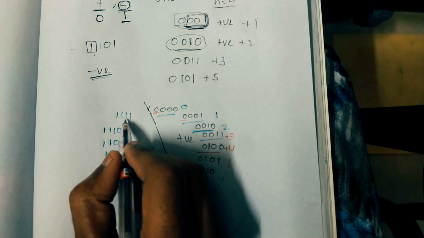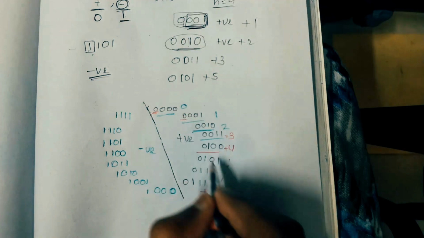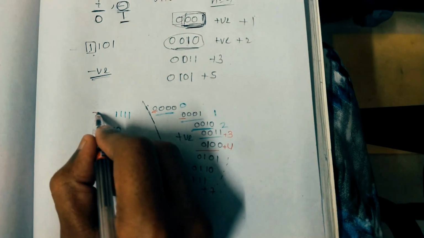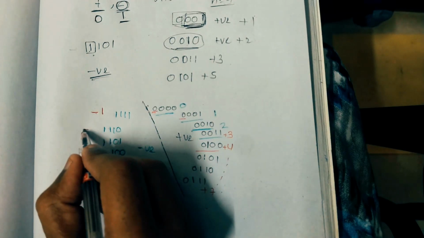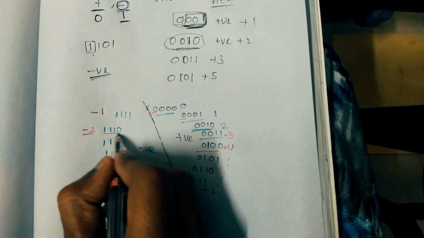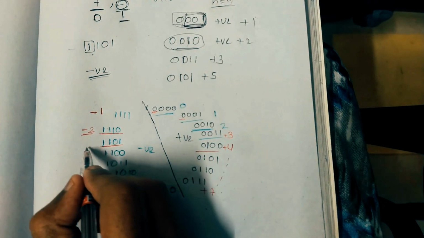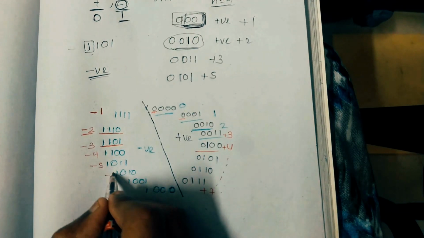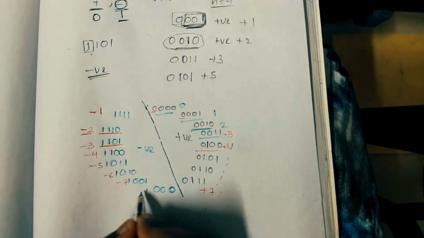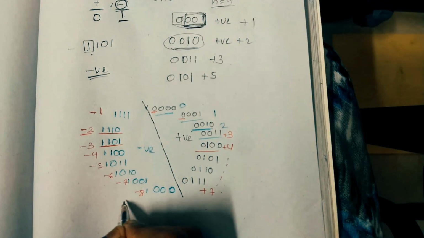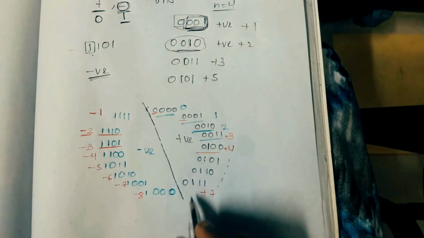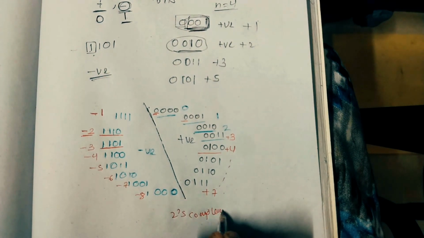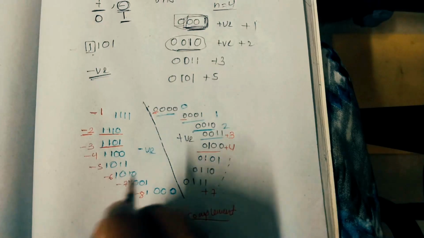This does not represent minus 7. Instead, here we go like this: this represents minus 1, this represents minus 2, this represents minus 3, minus 4, minus 5, minus 6, minus 7, minus 8. Okay, so that's how the 2's complement system represents these numbers.